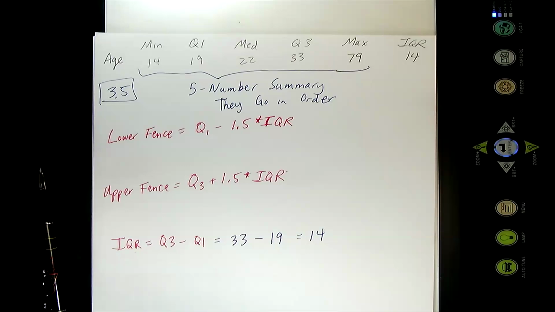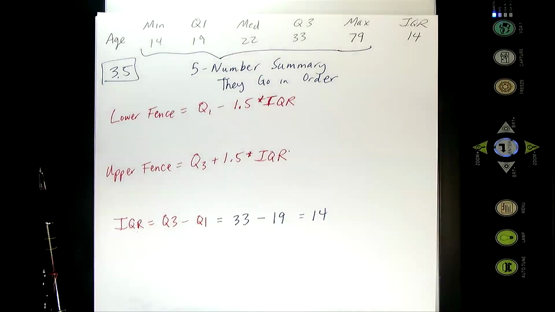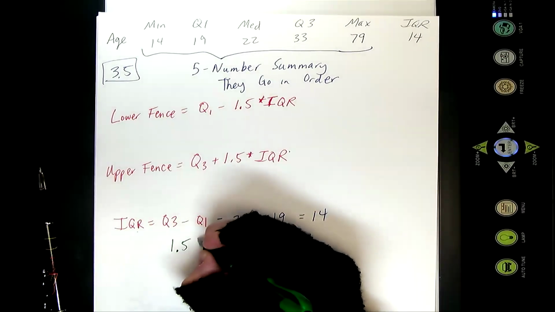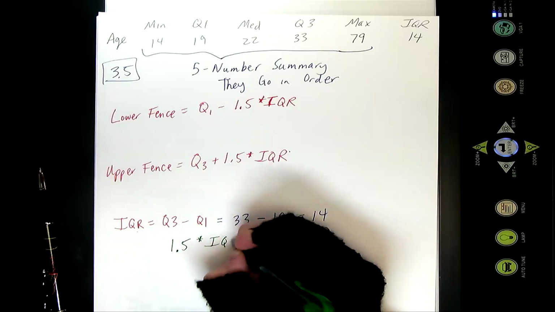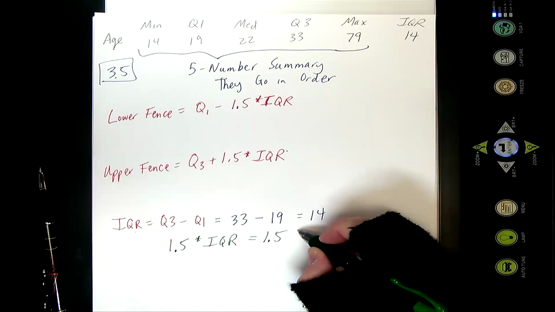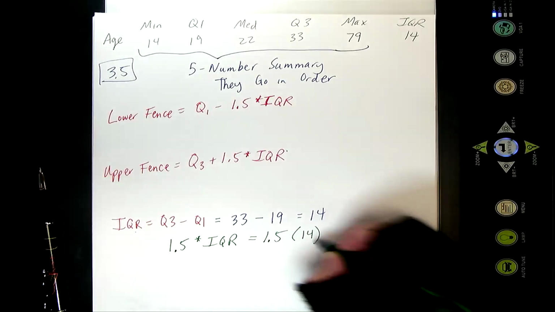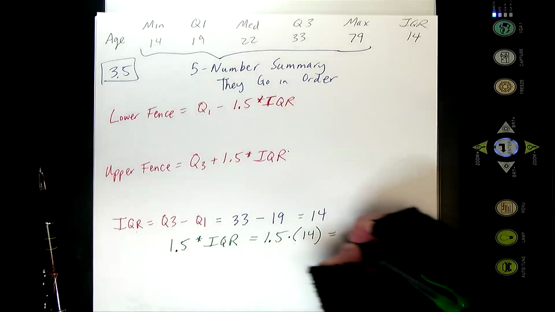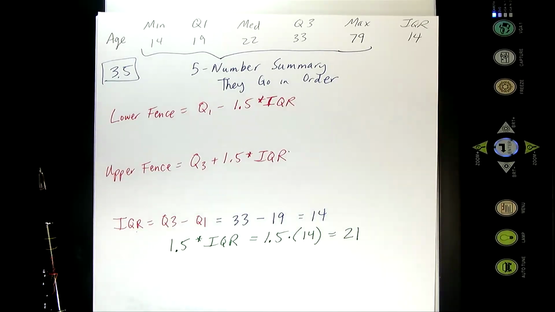Now, 1.5 times IQR shows up in both of them. Rather than calculating it twice, let's just calculate it once. 1.5 times IQR is 1.5 times 14, and if you do that in a calculator, you're going to get 21.